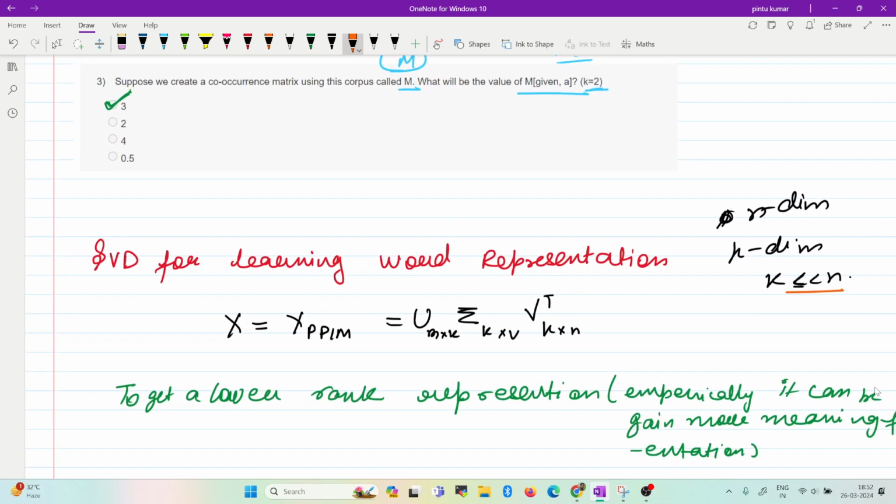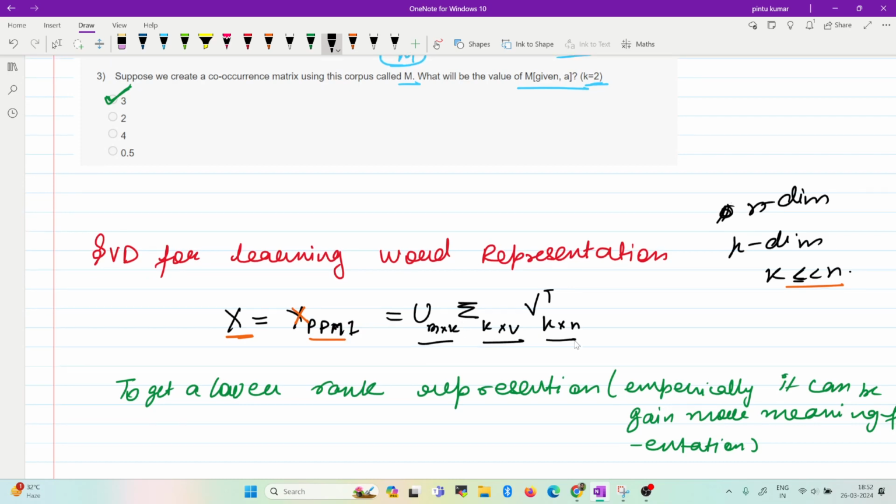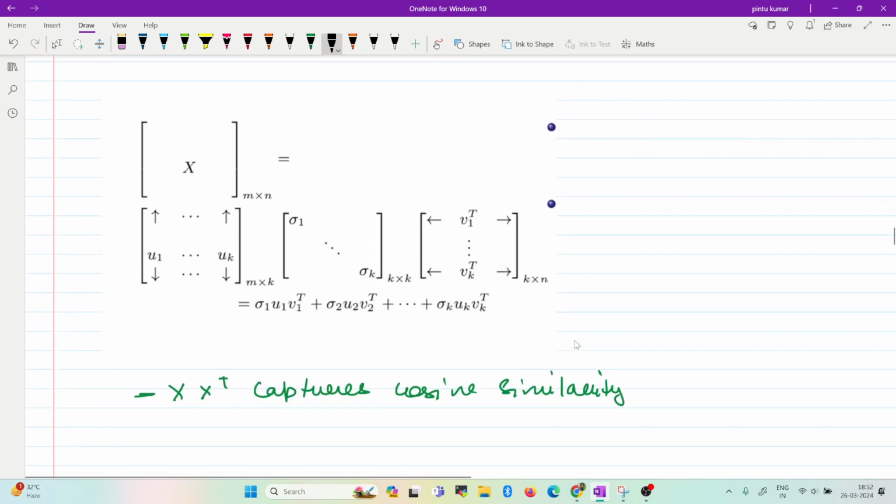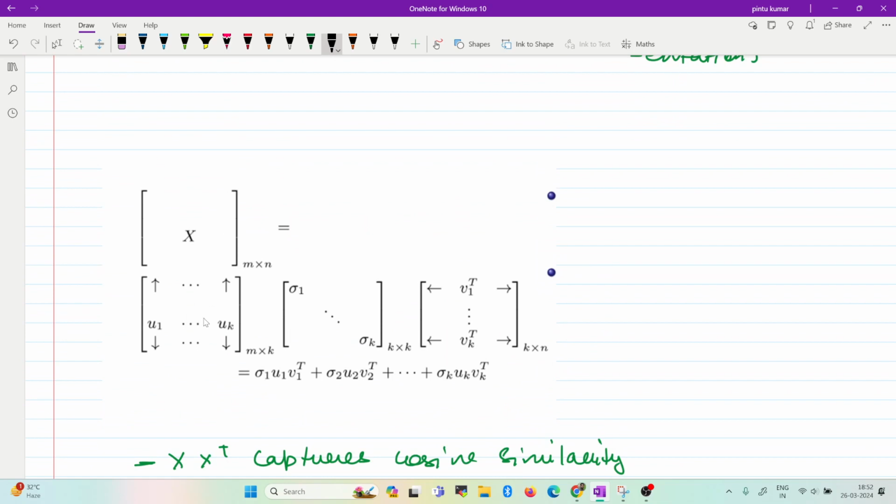We know one method to find a low rank approximation. If you have a matrix X, where we are now using positive PMI, then we can use singular value decomposition to decompose it into three matrices. Let's say this is your singular value decomposition, this is your u1 sigma v1 transpose.